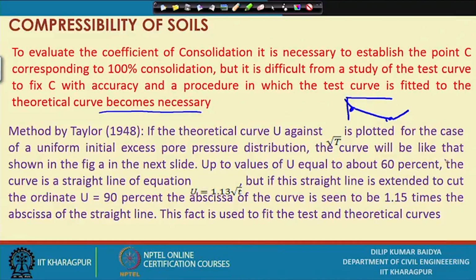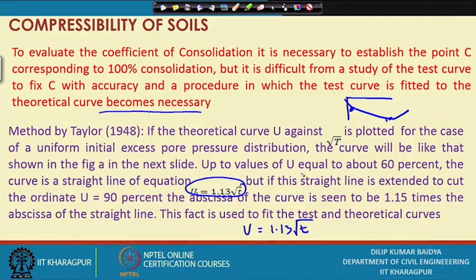The curve will be like that shown in the figure A in the next slide. So, I will come to that figure. Up to values of u equal to about 60%, the curve is a straight line of equation u equal to 1.13 under root t.